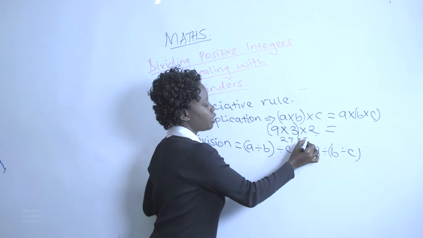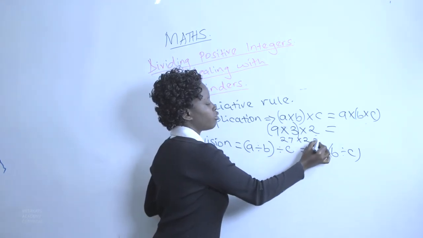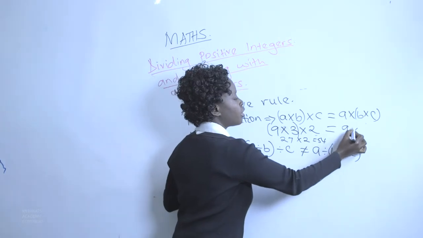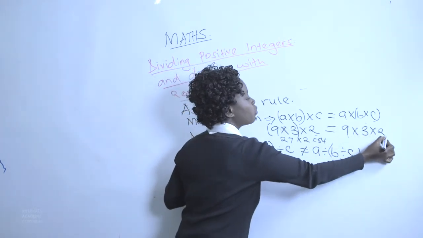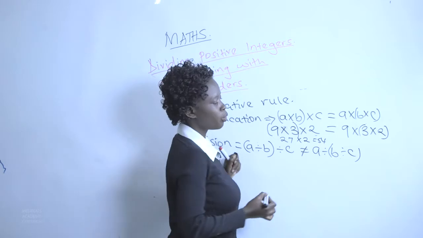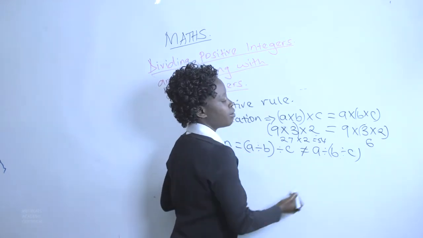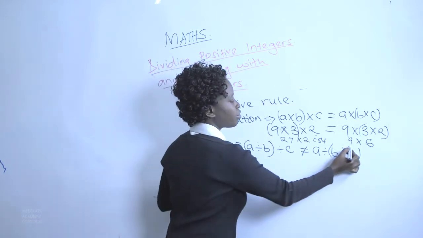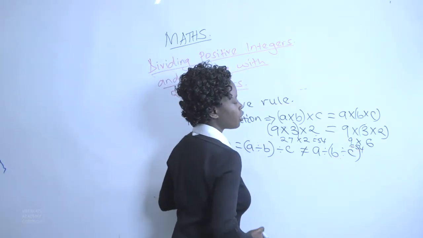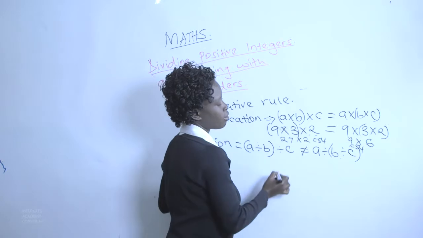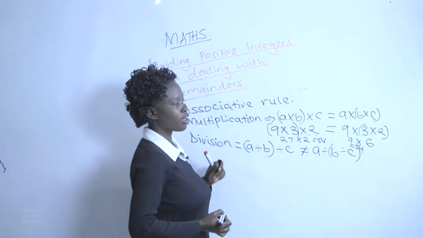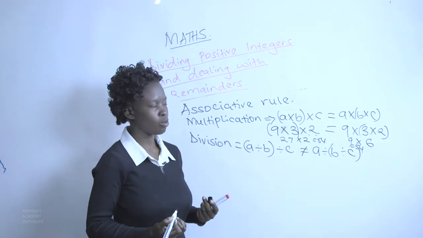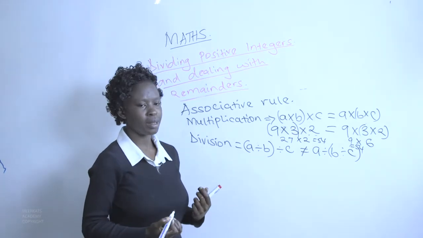Then multiplied by 2, we get 54. On the other side, if I start with 3 times 2, we get 6. Then multiply by 9, 6 times 9 is simply 54. So what do we say? That on the left-hand side and the right-hand side, when it comes to multiplication, it doesn't matter which pair you start with, the answer is simply the same.